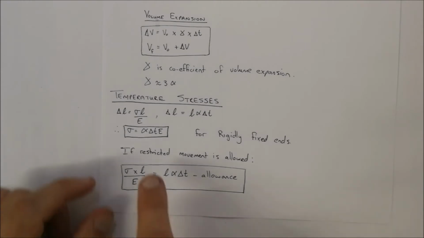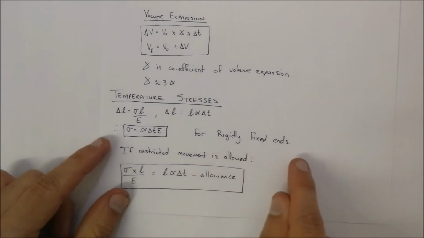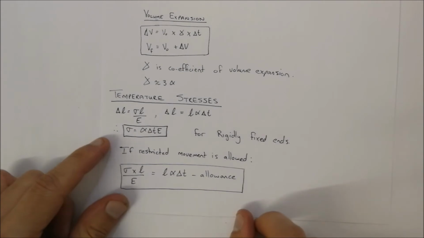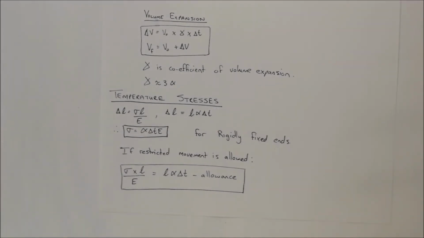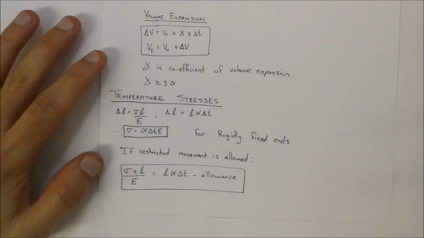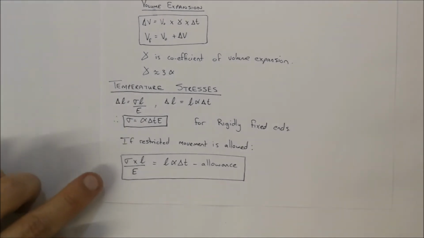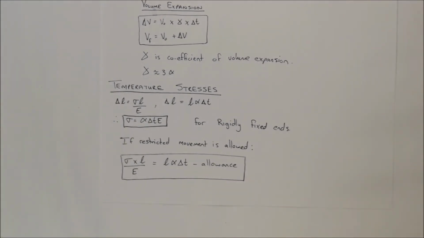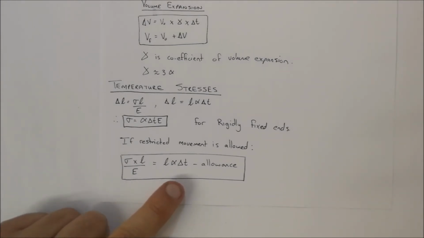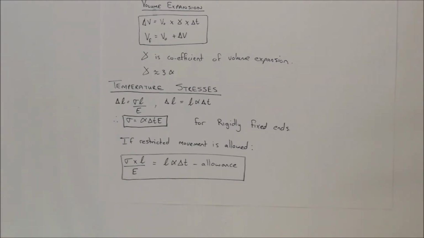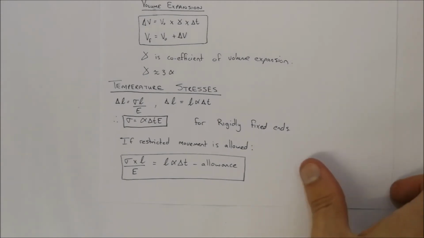Keep in mind this equation is for a rigidly fixed ends scenario. If there might be space between our materials as they expand, we need to take that into account, and that's where we use the equation stress multiplied by length over E is equal to the length multiplied by alpha multiplied by delta T minus the allowance. The allowance is the space where some expansion can occur.